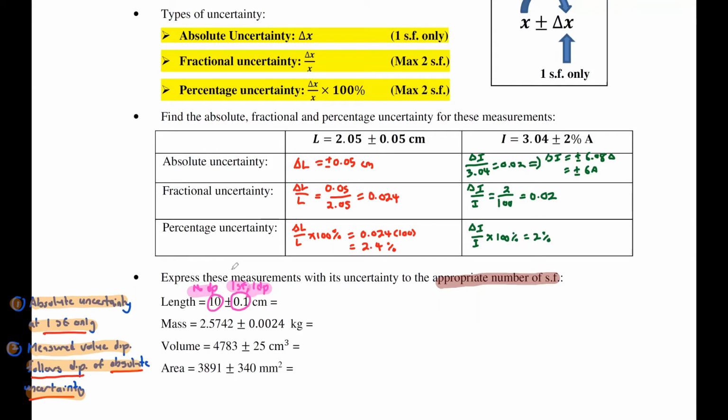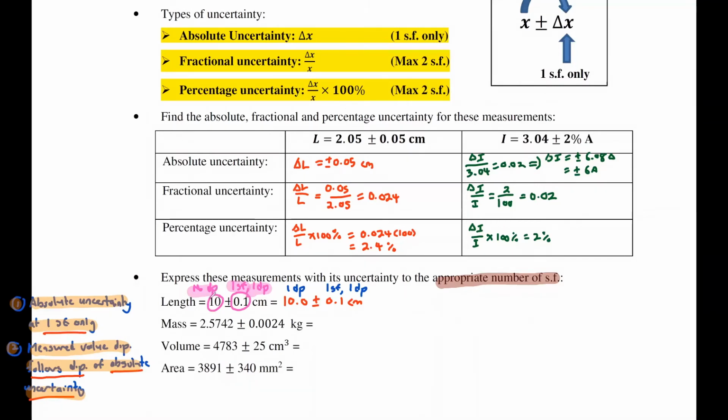We need to match the dp's. So the correct way to have written the values with its uncertainty would be 10.0 plus minus 0.1 centimeter. So right now, we can see that the absolute uncertainty has 1 SF, 1 dp, whereas the measured value has 1 dp. This is now following both rules.